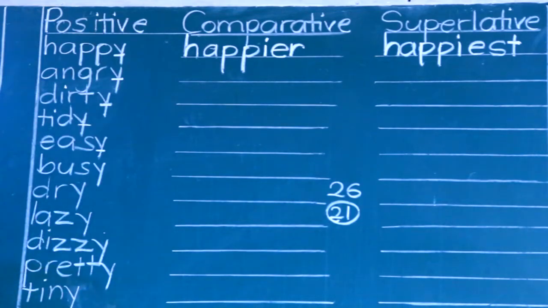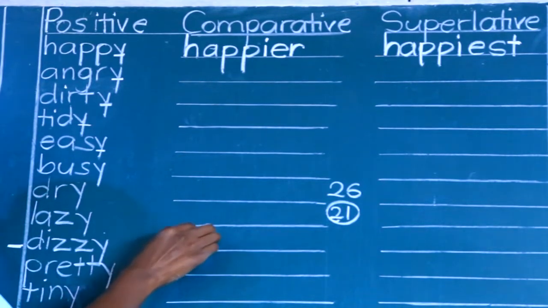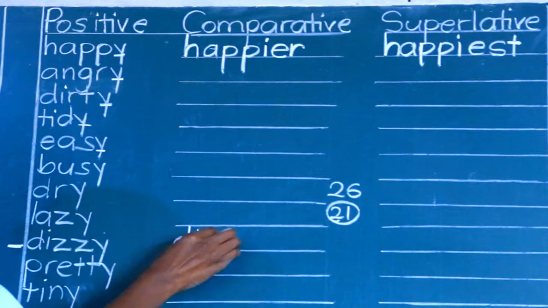Let's try this one together. Dizzy. Yes, I feel dizzy today. Today I am dash than I was yesterday. Dizzy. Form the comparative by following the rule. D-I-double-Z.